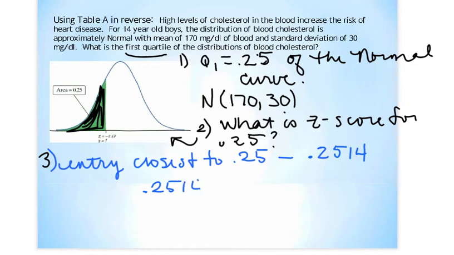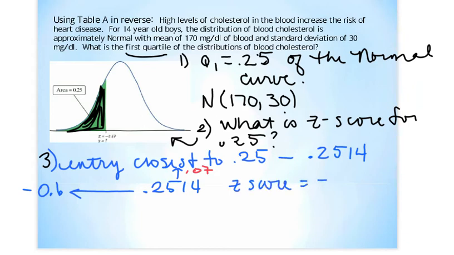If you go this way, you're going to find that it corresponds to negative 0.6, and if you go up, you're going to see that it corresponds to 0.07. So if you use your chart, you can find that the Z-score is negative 0.67.